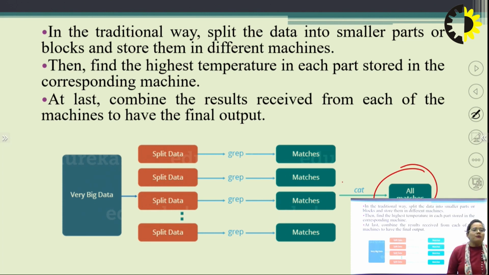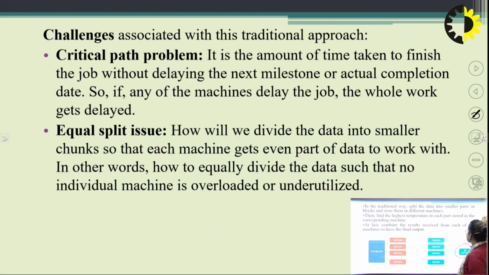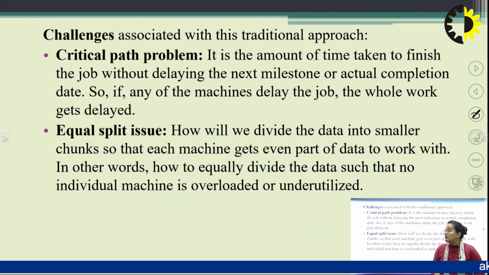When we perform distributed and parallel processing in a traditional system, we face some challenges. The first challenge is the critical path problem. It is the amount of time taken to finish the job without delaying the next milestone or actual completion date.